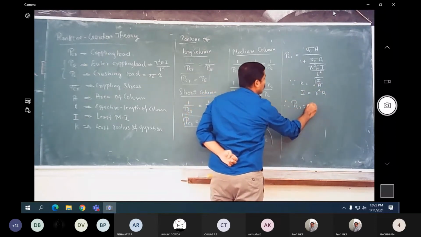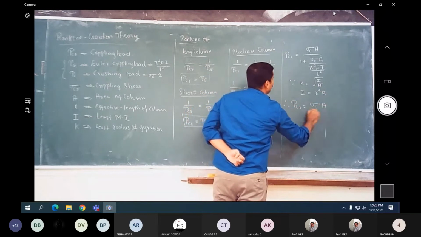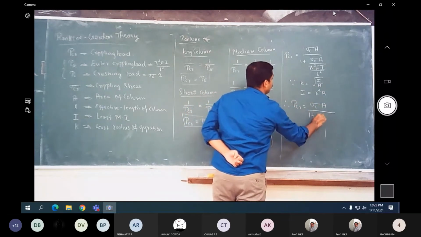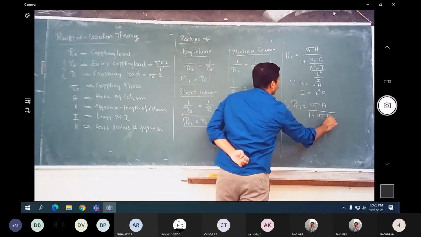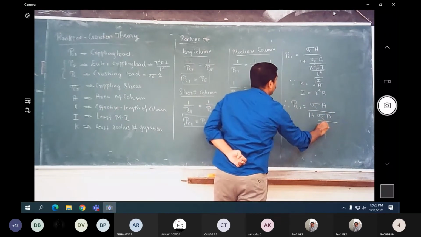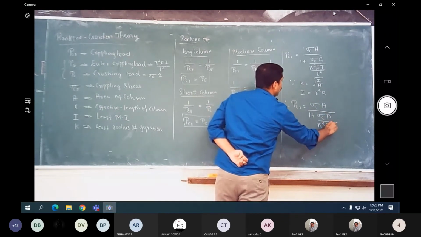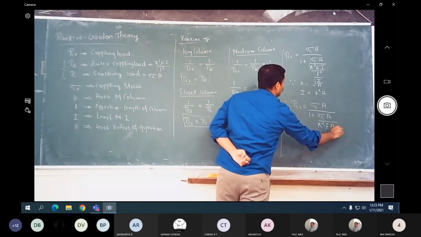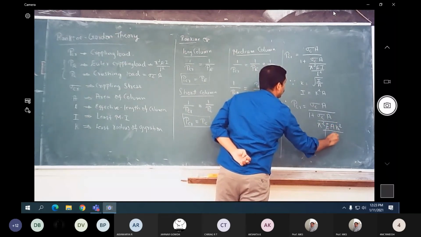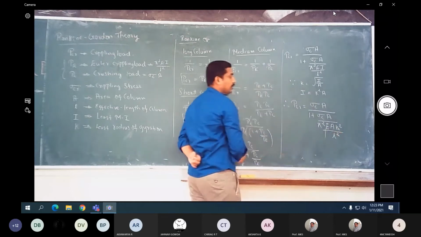Therefore, PCR will be equal to sigma C into A divided by 1 plus sigma C into A divided by pi square E A into K square by L square.